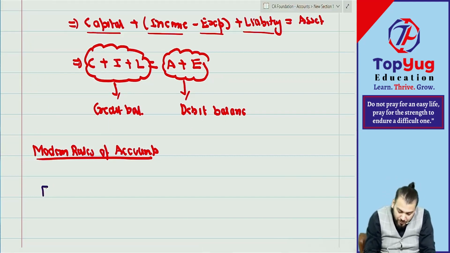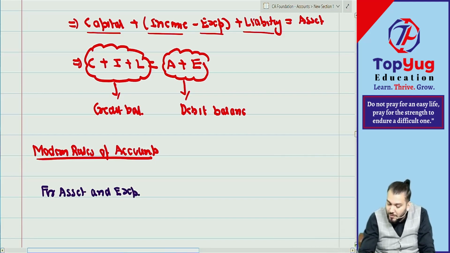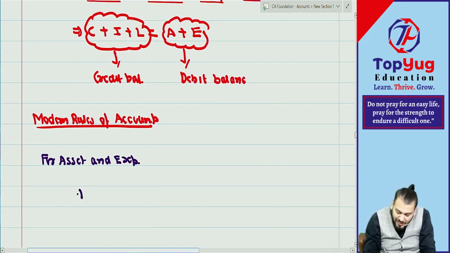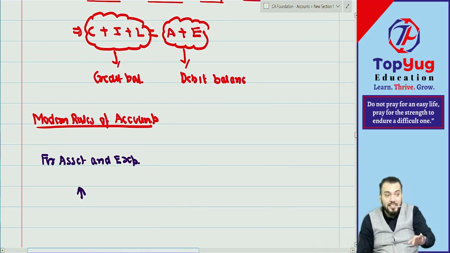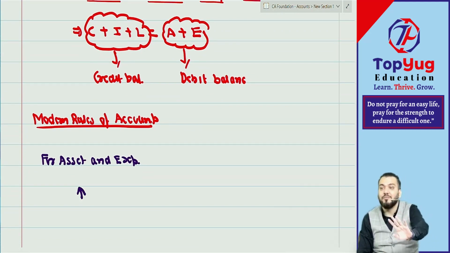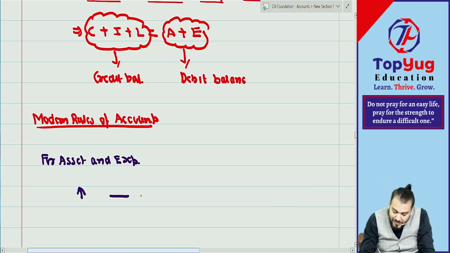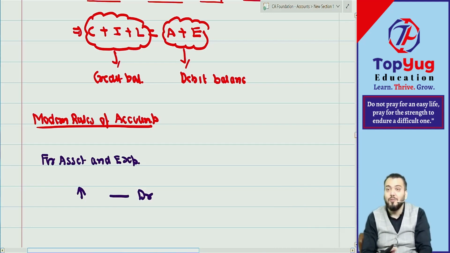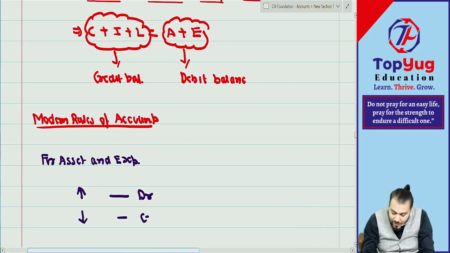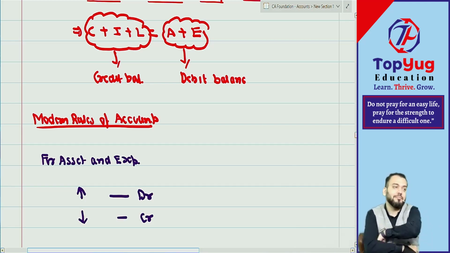So for asset and expense, what will be the rule? Increase in asset and increase in expense will always be debited, because that has a debit balance, correct? And decrease will always be credited. This is the rule.